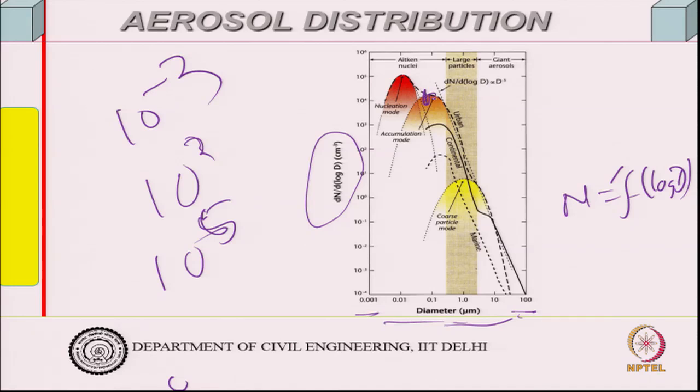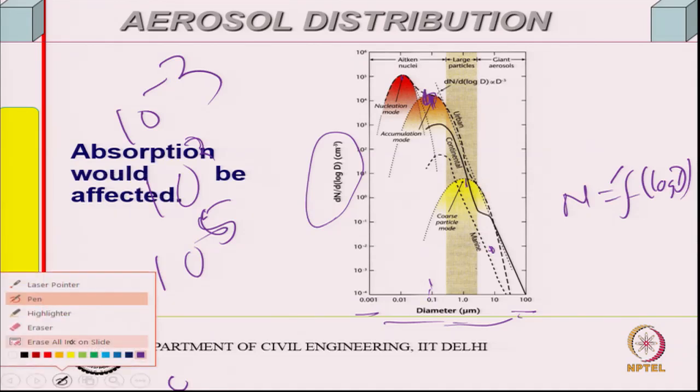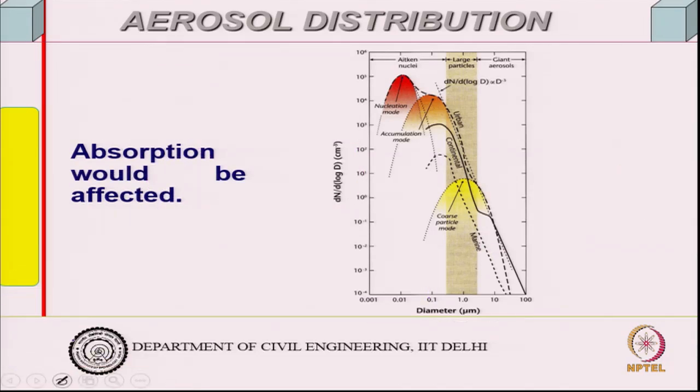You can see urban area aerosol is very much here, nucleation mode of course is somewhere there, and marine condition is this, quartz particle is this, continental and so on. So, urban condition is somewhere there. Aerosol concentrations of these sizes are very high, and that is where absorption would be, they would absorb as well. So, this would affect the absorption.